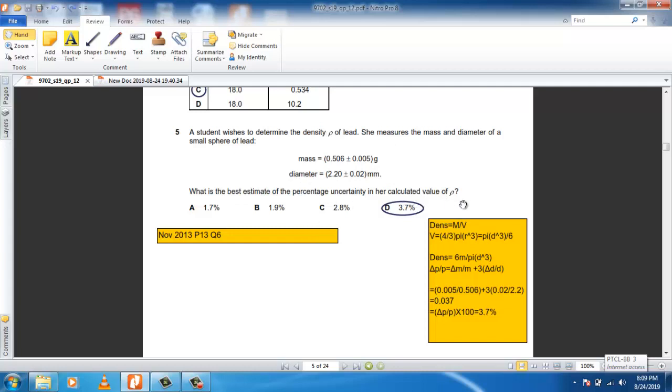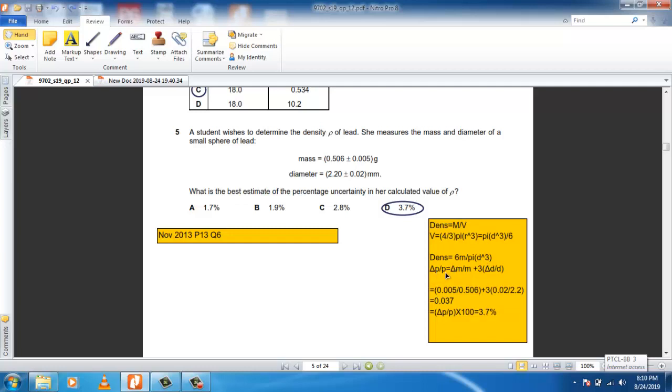So we can just find the density. Density is the mass over volume. Volume is 4 by 3 pi r cube. You can convert the radius into diameter and it becomes pi d cube divided by 6. Density becomes 6m by pi d cube.